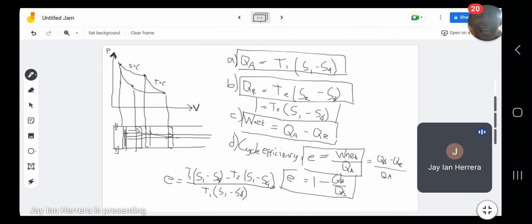Technically, pwede natin i-cancel lahat ng entropy. Since denominator natin is multiplied by S1 minus S4, pwede natin i-cancel in this term yung S1 minus S4, leaving us with another formula for efficiency as T1 minus T2 all over T1.